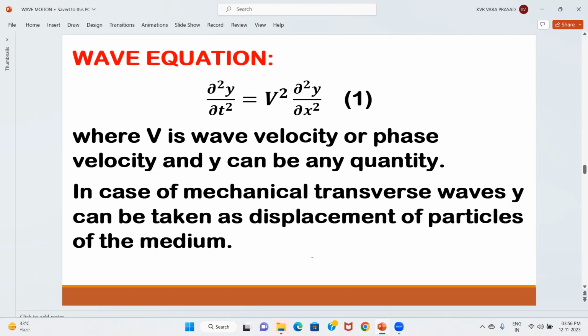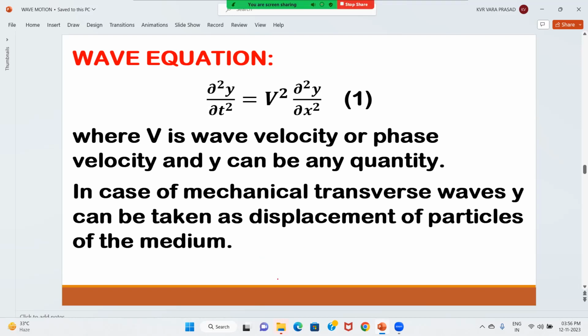If you are saying any function is representing a wave, then that function should satisfy this equation. I am repeating. If you are given any function and it is mentioned that it is representing a wave, we can say a traveling wave, then that function must satisfy this equation.